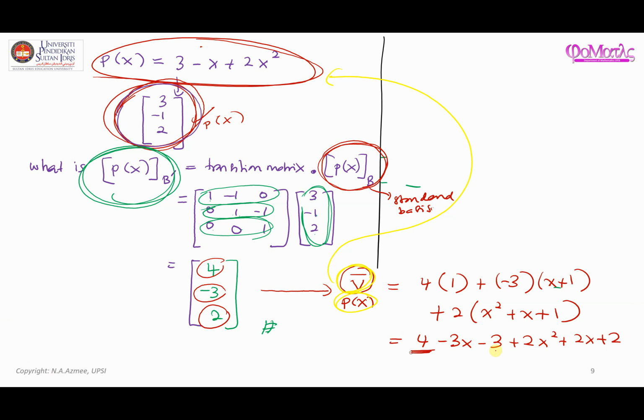So 4 minus 3 plus 2, you will get 3. Then negative 3x and 2x, you get negative x. And then plus 2x squared. You can see that this is exactly equal to the given vector here. Okay, so that's the idea.